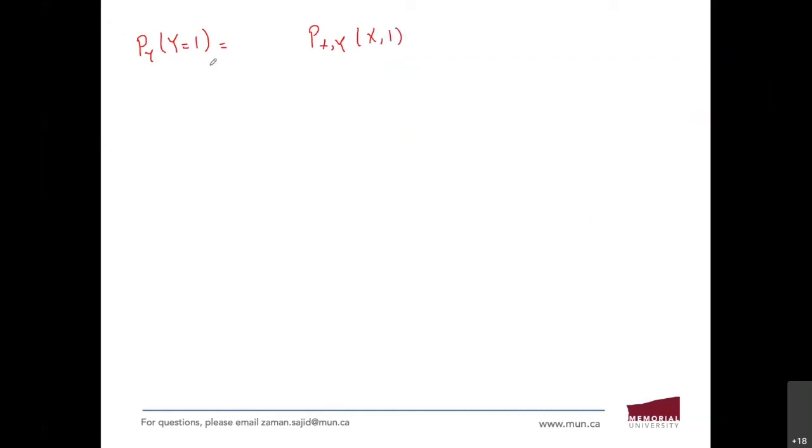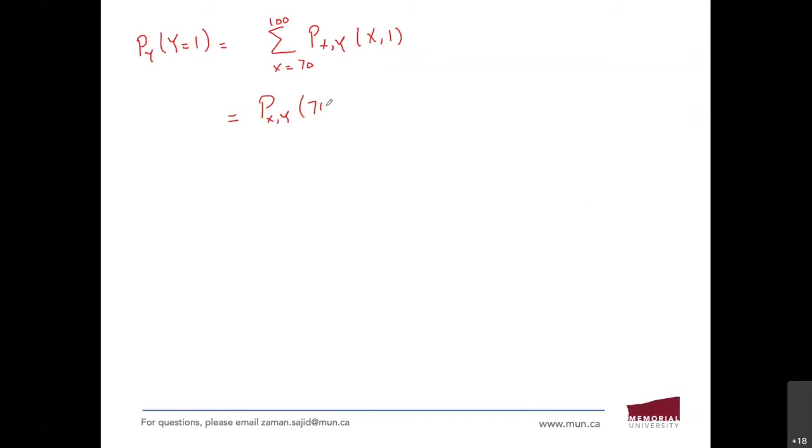And because we are concerned with y, it should be the sum over our x values, starting from 70 to 100. Now this is the same as we were doing before.